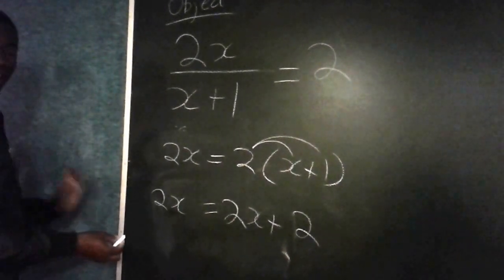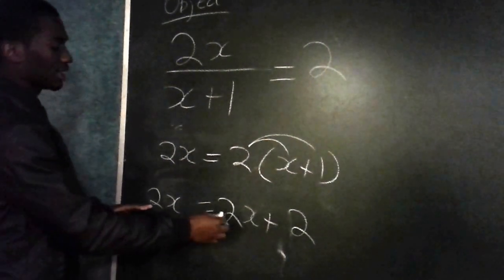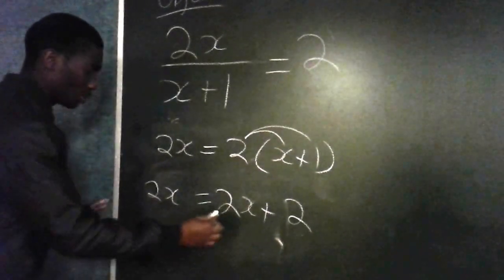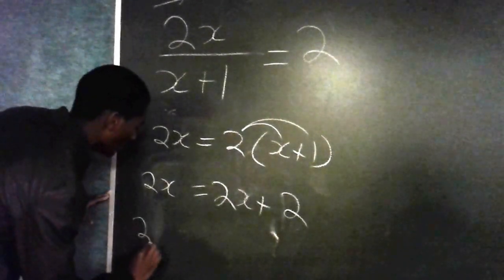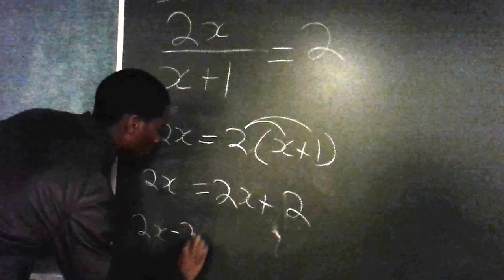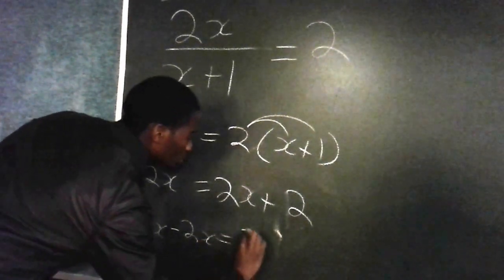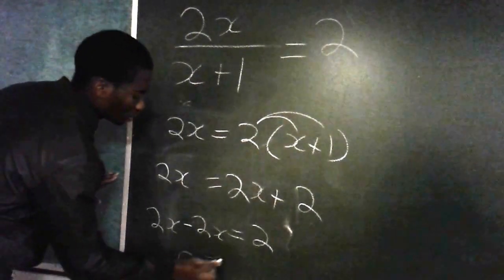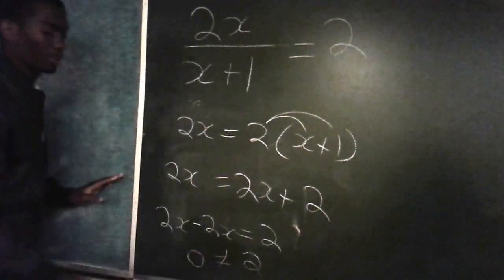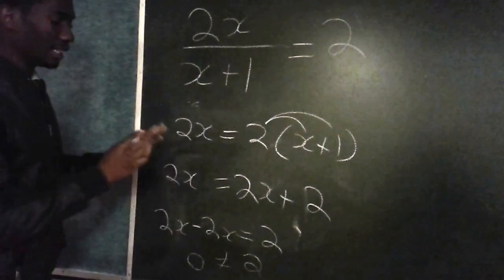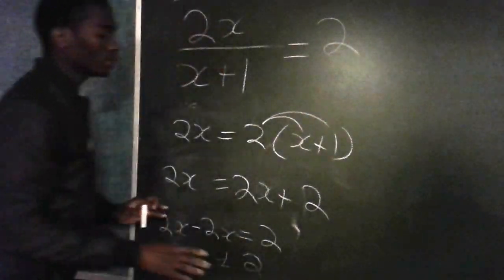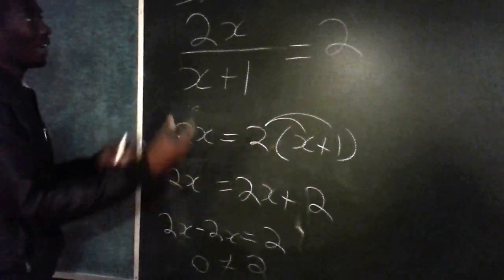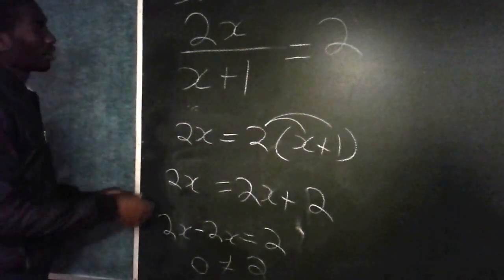And then you see that you cannot take this to that side, otherwise they will subtract each other. Let me show you. If you say 2x minus 2x equals 2, this is going to give you 0 equals 2, which cannot be possible. So we can see clearly that we cannot use this way of solving for x or finding out whether they are equal or not.